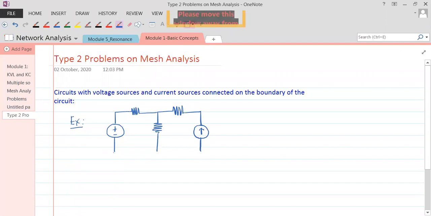Is this okay with you, everybody? You have a current source. Now, this current source was missing in the previous problem. In type 1, this was missing. Only voltage sources were there. So, if there is a current source, is it going to be easier or more difficult for analysis is what we need to understand.